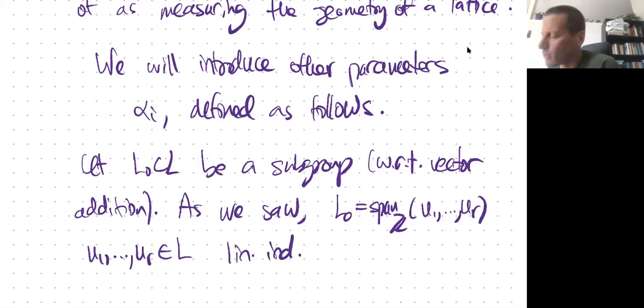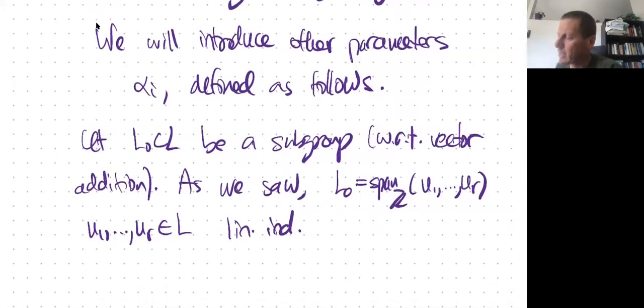So why do I say that we saw this? Well, we proved that an additive subgroup which contains r linearly independent vectors is, if it's discrete, actually a lattice in r dimensions. And so we can write any subgroup as the span over Z of an r-tuple of vectors in our lattice.